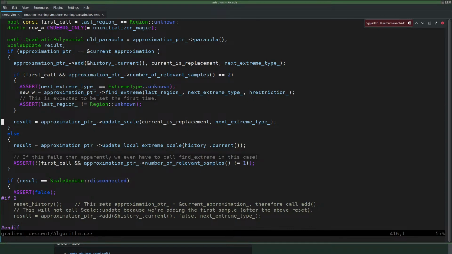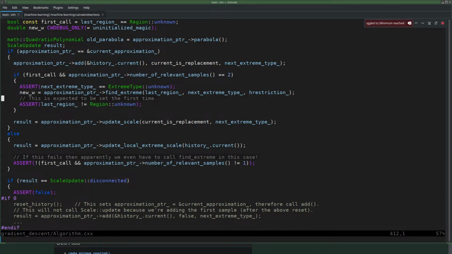Nevertheless, yeah, okay, well, that would be then the case. But now it's possible, of course, that we do this and then not do this, because we only do that the first time, so first call is going to be false here. And then call that anyway, while next extreme type is not set. Well, we'd already toggled it. So I think that's totally fine to call this without calling find extreme in that case.